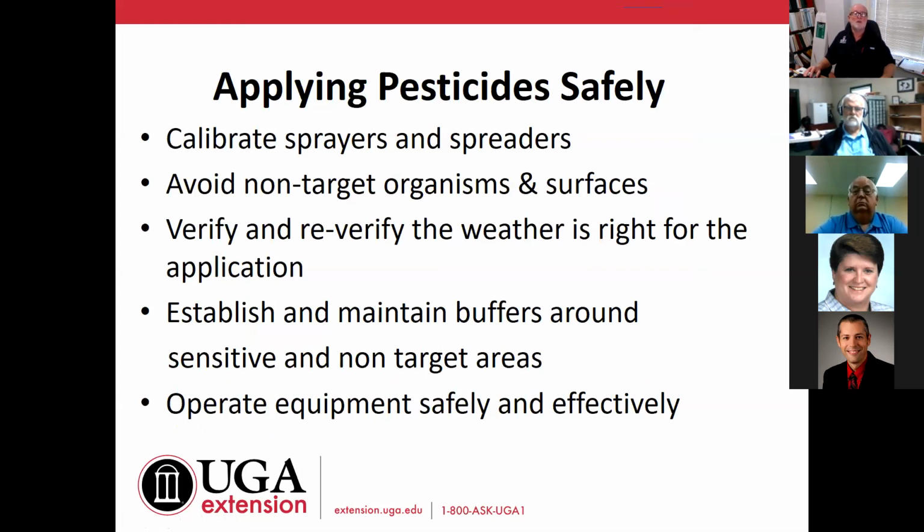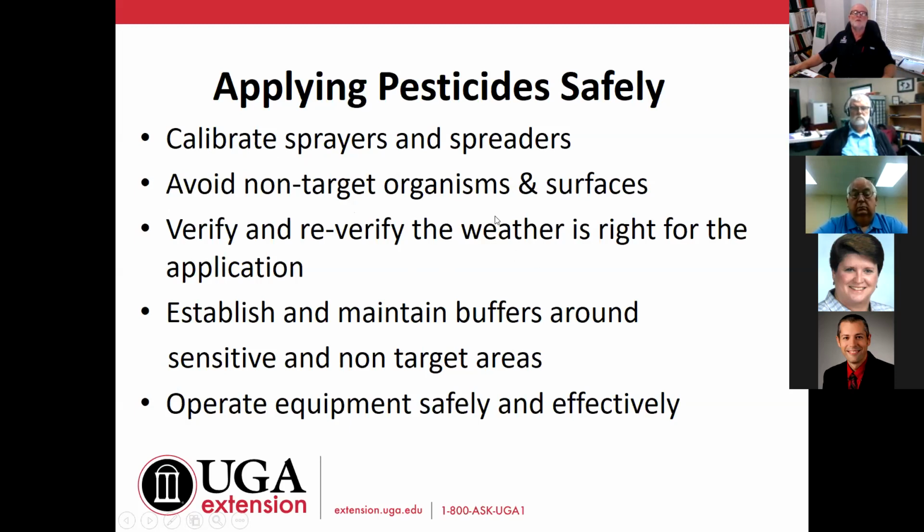Now we're ready for the application, so let's make that application safely. Most of our farmers are using some type of a sprayer or spreader. Calibration is very important to understanding that you are putting out the right amount of product. So take the time to calibrate that sprayer. Avoid those non-target areas, surfaces, and organisms. Understand and apply where your product is intended to go, and put that product on the site where it's supposed to go.